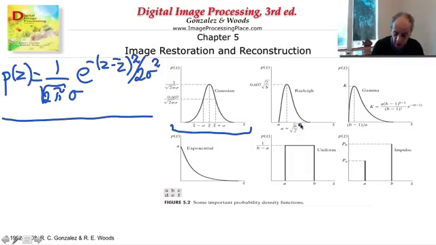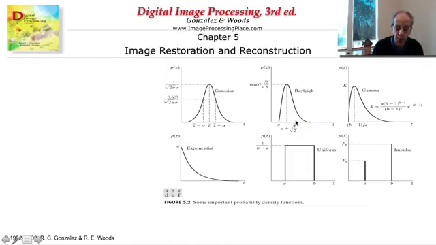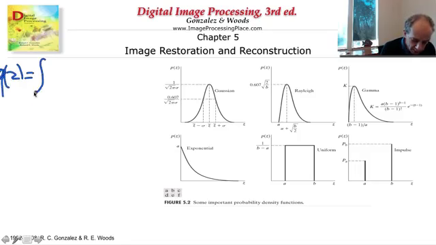Now, let's talk about Rayleigh noise. In contrast with Gaussian, this actually does appear in real physical systems. Let's write the formula for it. It's a bit longer, but bear with me. The probability of a certain value we're going to decompose in two parts.